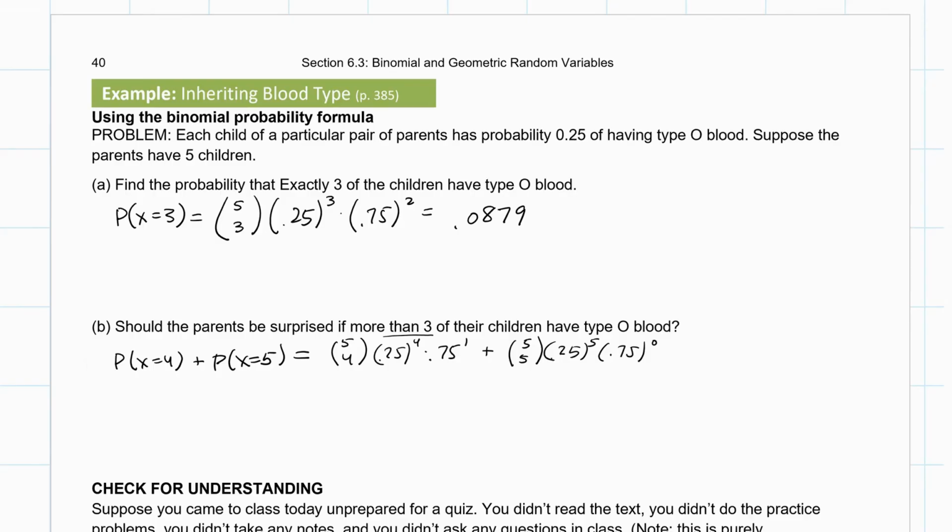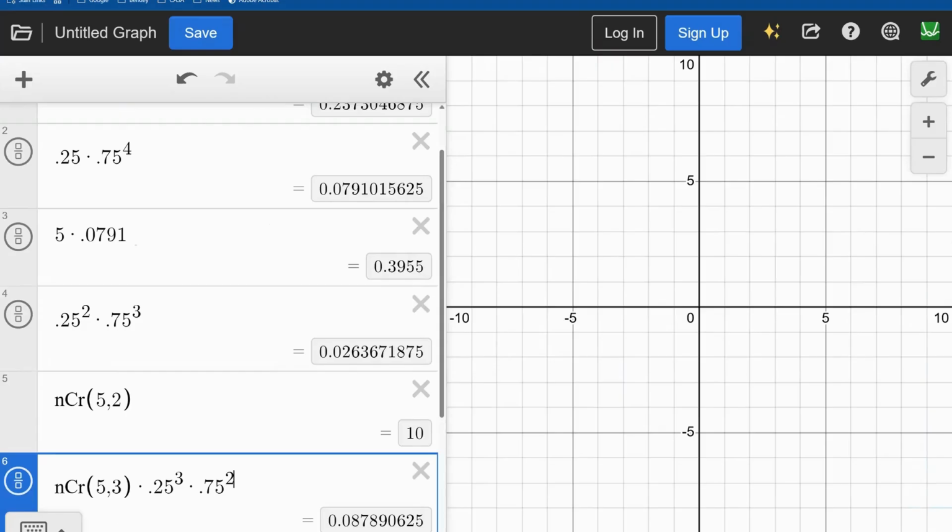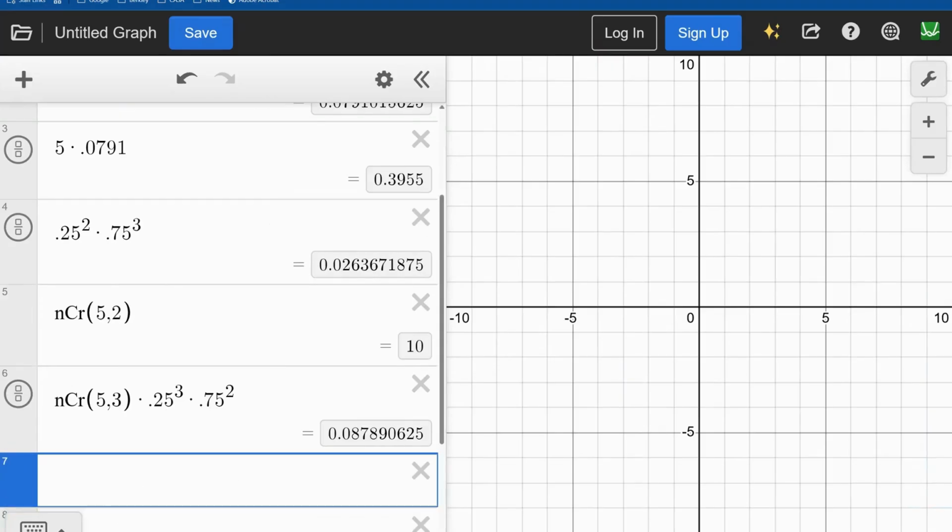So let's do that quick calculation on the calculator. All right. And that would be nCr 5 choose 4 times 0.25 to the fourth power. And we're going to multiply that by 0.75 to the first power.